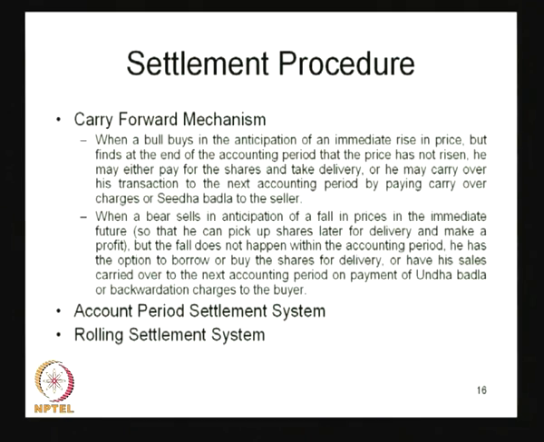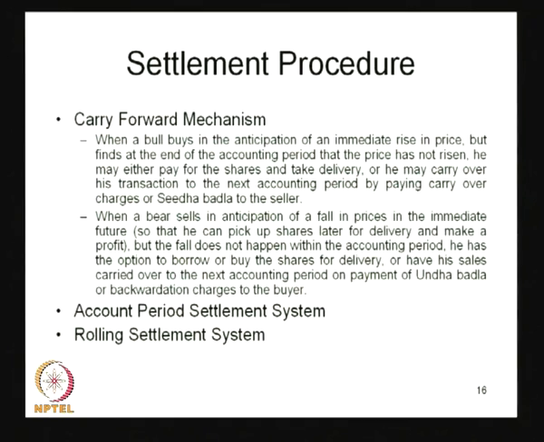This concept we call the Sidha Badla system, Sidha Badla to the seller. That means he has the option: he may go for the realization of the delivery, or he may carry over his transaction to the next period by paying the carryover charges to the seller. But what happens in the opposite case of bears?